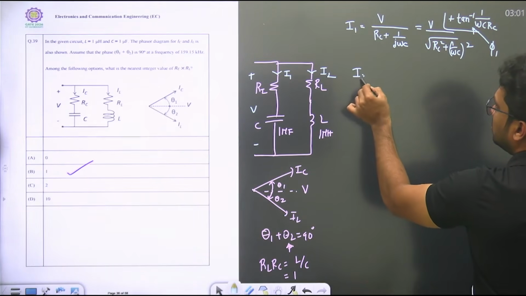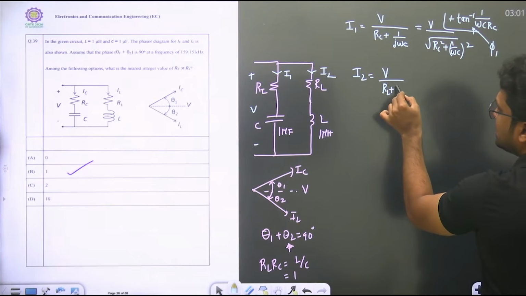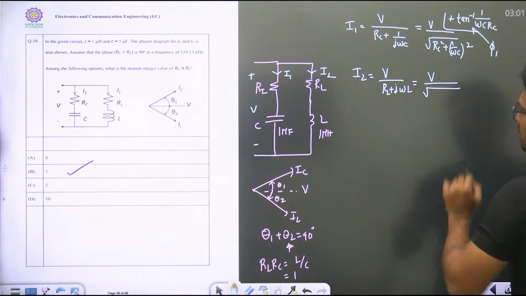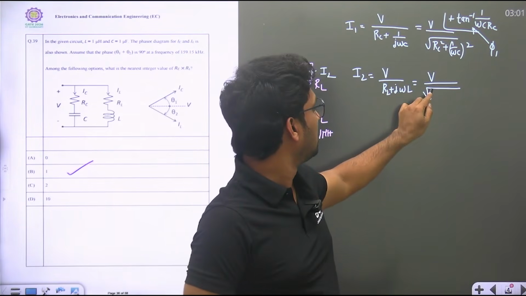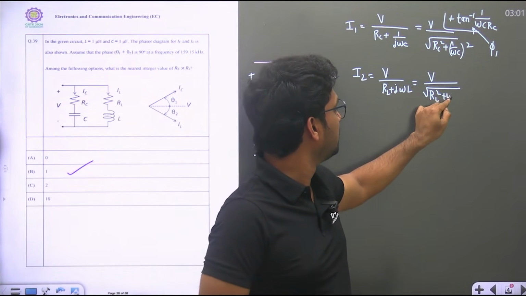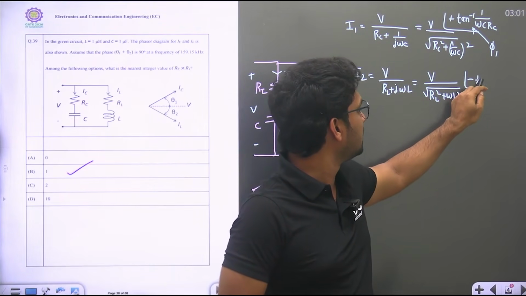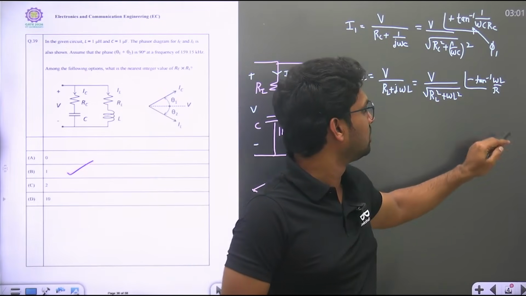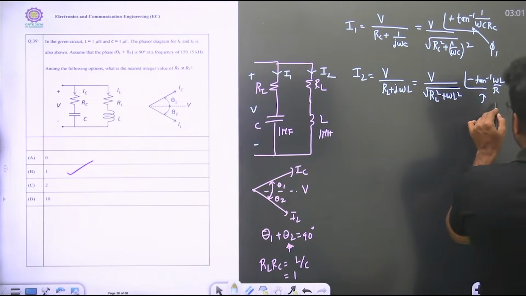What about I2? V by RL plus J omega L, because parallel voltage is same. V upon root of RL square plus omega L square. इसका एंगल कितना, minus tan inverse of omega L by RL. So here actually you can see this is phi2.